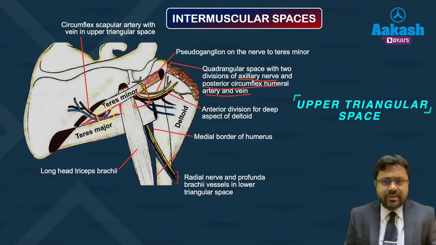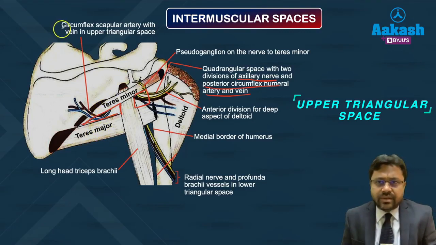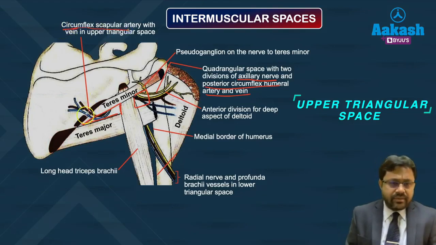And this space is traversed by a single structure only over here. Which structure is this? The circumflex scapular vessels and the accompanying vein.